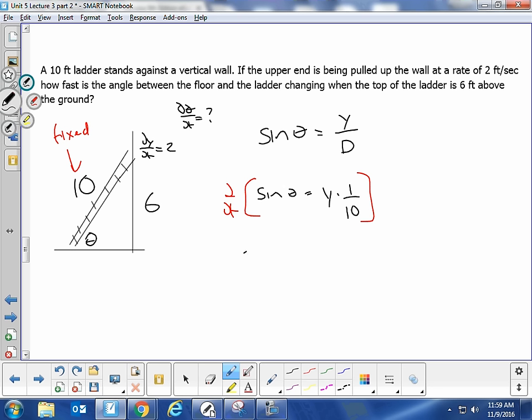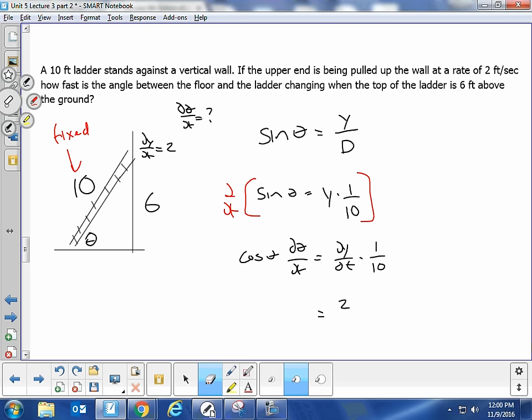The derivative of sine is cosine theta d theta/dt. The derivative of y is dy/dt times 1/10. And now I know dy/dt is 2, so it'll be 1/5. Trying to find d theta/dt, I just need to find out what cosine of theta is.